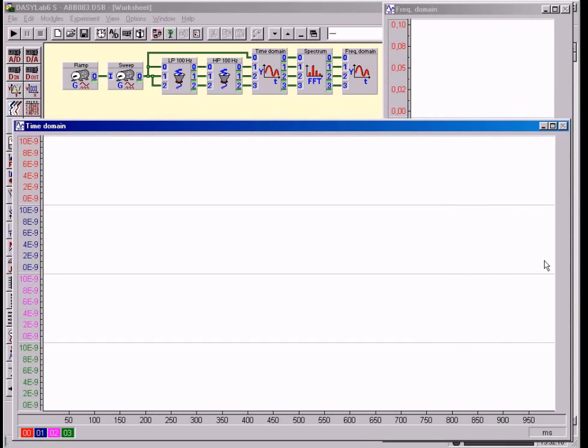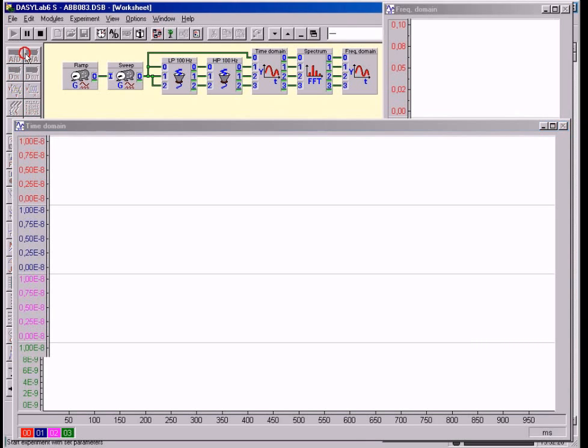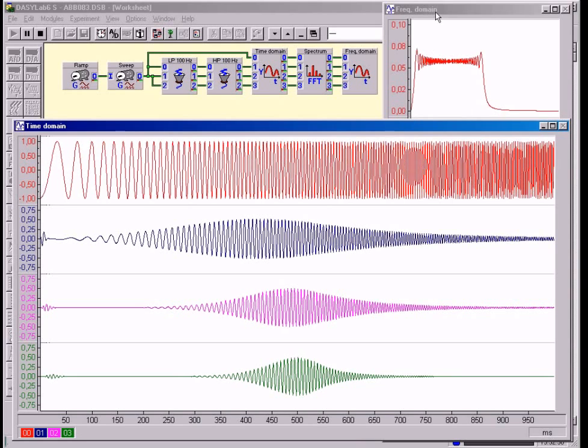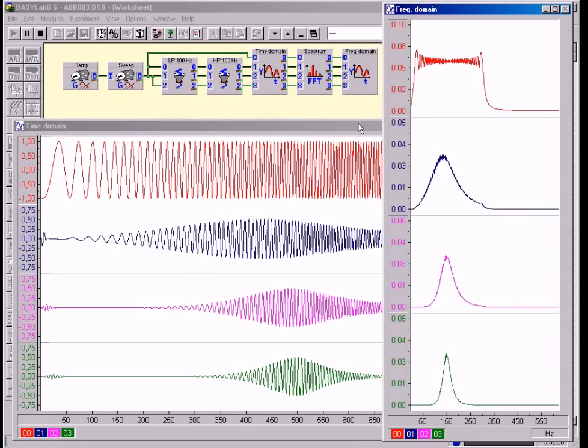It is possible to get a quicker overview of the frequency-dependent behavior of the output amplitude by means of the sweep signal. The idea is as follows.